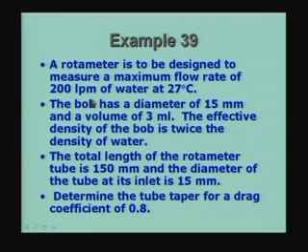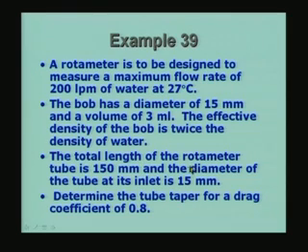This is the fluid whose volumetric flow rate I want to determine. 200 liters per minute is the maximum. The bulb has a diameter of 15 millimeters and a volume of 3 milliliters, 3 cubic centimeters. The effective density of the bulb is twice the density of water. This is what I said just now. If we take the density equal to twice the density of the fluid, then you do not have to worry about the density; it will not come into the picture.